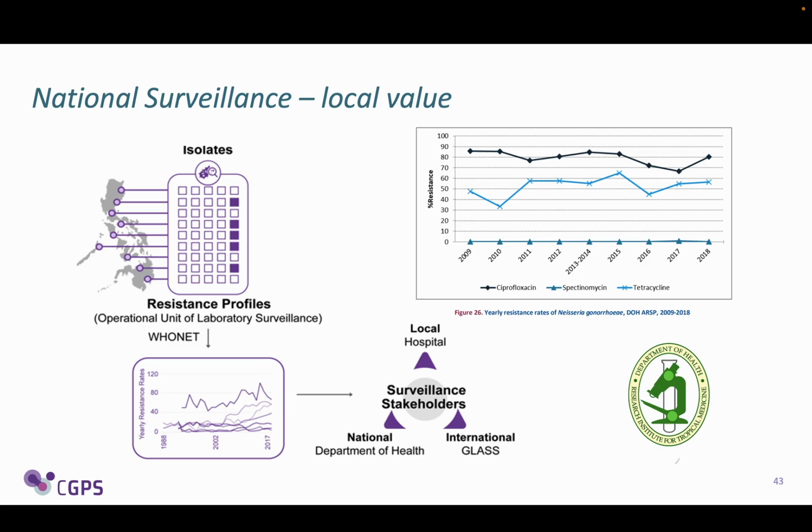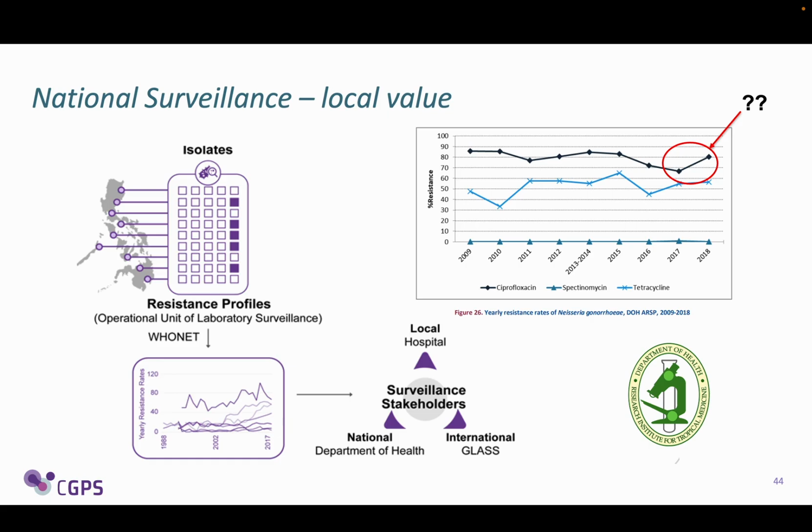So this is a figure from one of the national annual reports, which indicates changes in proportion resistance over time for bug-drug combinations, in this case 3 antibiotics to Neisseria gonorrhoeae. Now you can see that the lines go up or the lines go down, but actually what does this line increasing here mean?